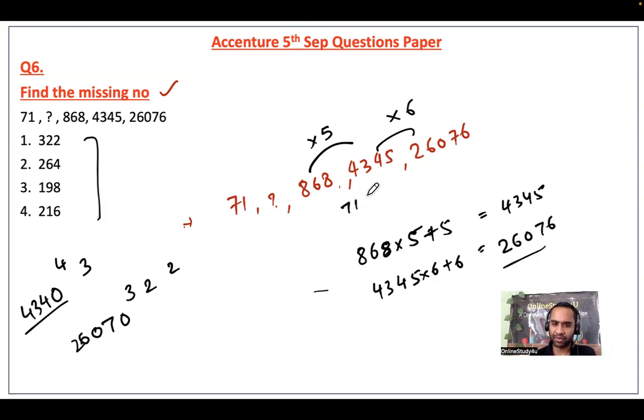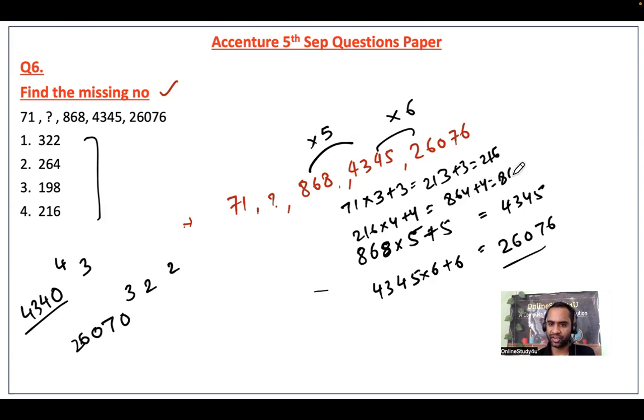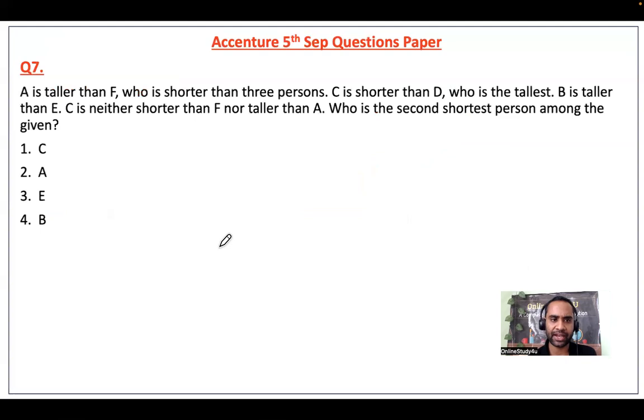So here basically it will be 71 into 3 plus 3, and then whatever number comes, 3 1s are 3, plus 3, 216, and then whatever number comes, multiply by 4 and then add 4. So 864 plus 4 will be 868, correct. So here basically 216 will come. Option 4 will be the correct answer.